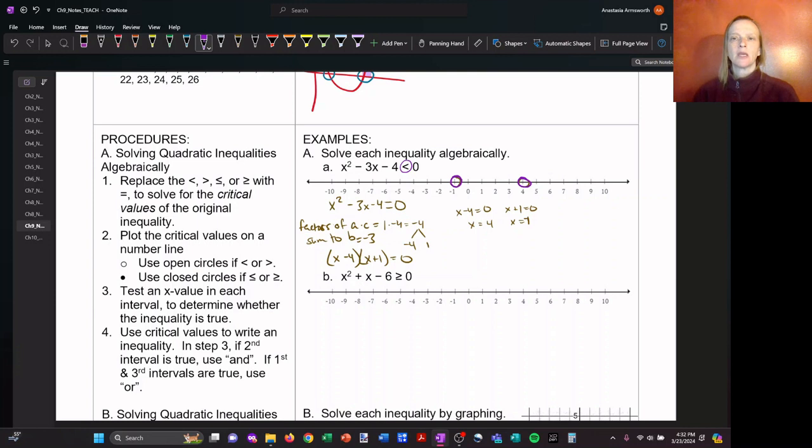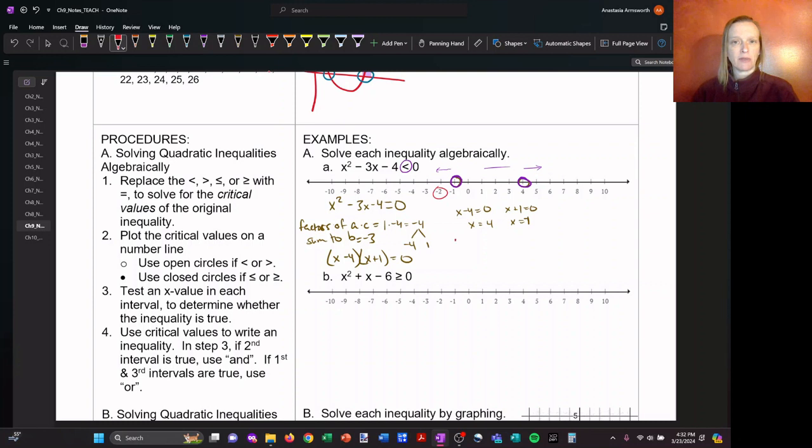Now, the question is, I don't know if I should be shading to the left and to the right of those zeros, or if I should be shading the region in between the zeros. So what I'm going to do is test some values. I'm going to choose a number down here, like I'll test the x value, negative 2, and plug it into the equation and see if the inequality is true when I plug it in.